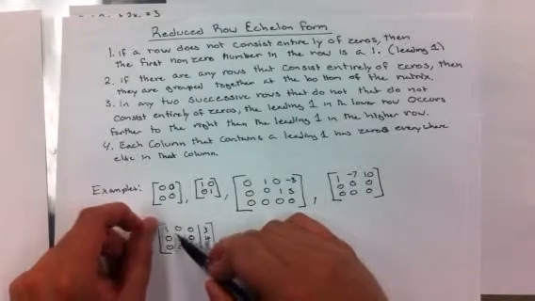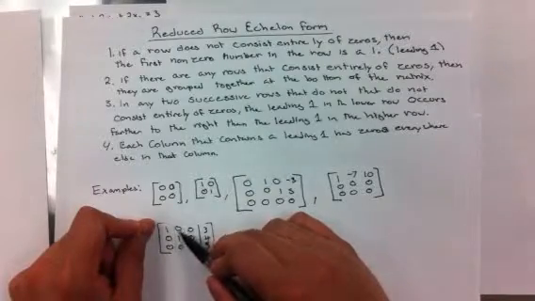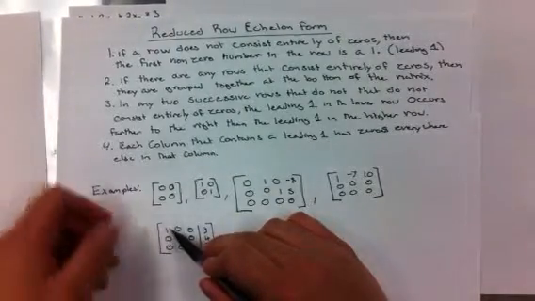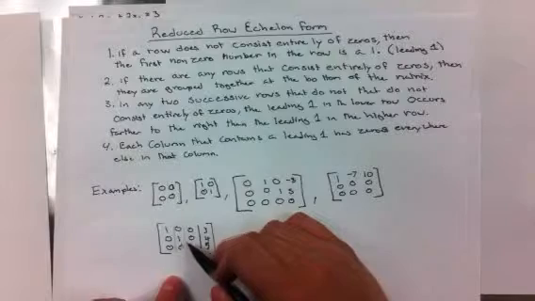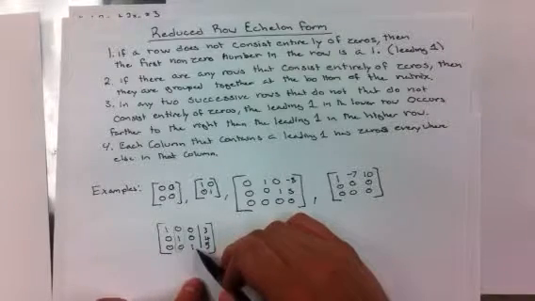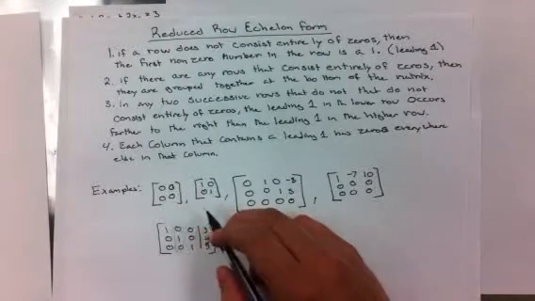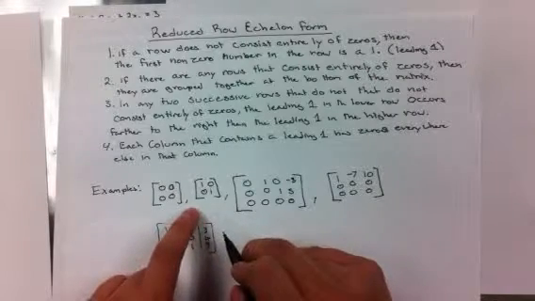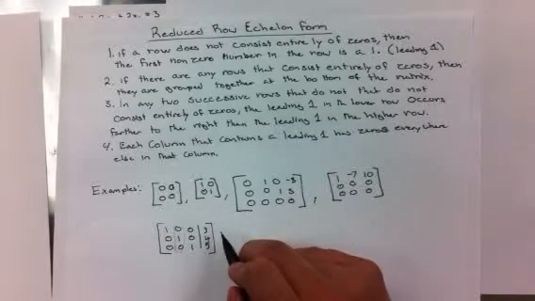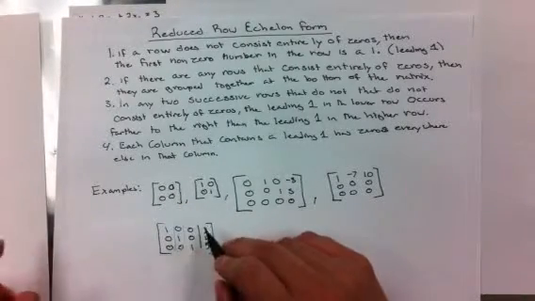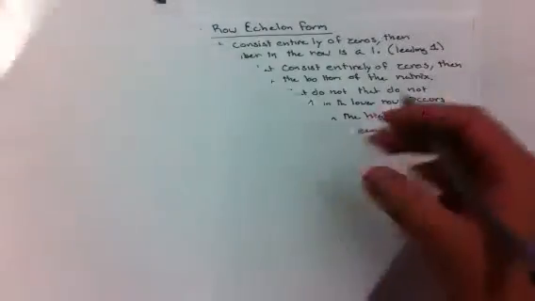And also the higher row's leading one is to the left, and the lower row's leading one is to the right. And that's it for reduced row echelon form.